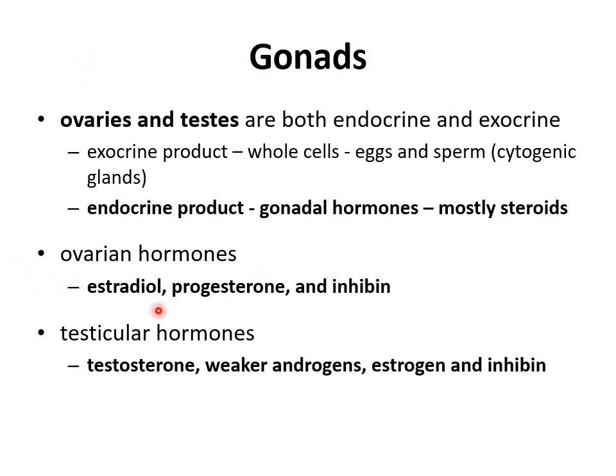So the ovarian hormones include estradiol, progesterone, and inhibin. The testicular hormones include testosterone, a bunch of weaker androgens, some estrogen, and some inhibin.